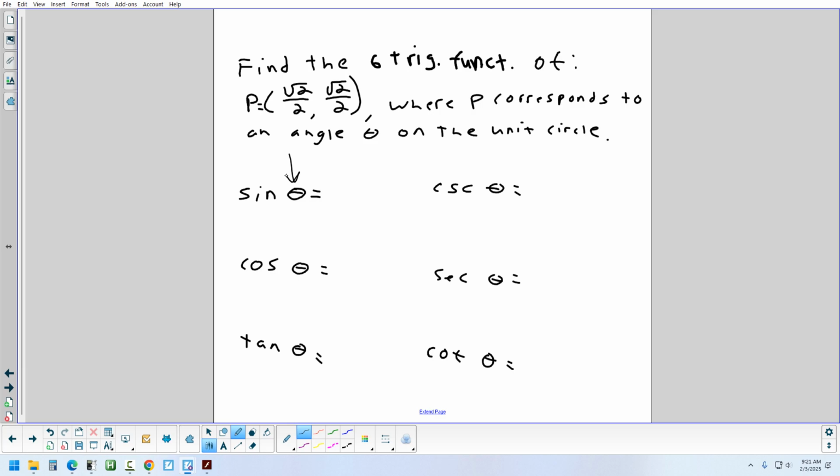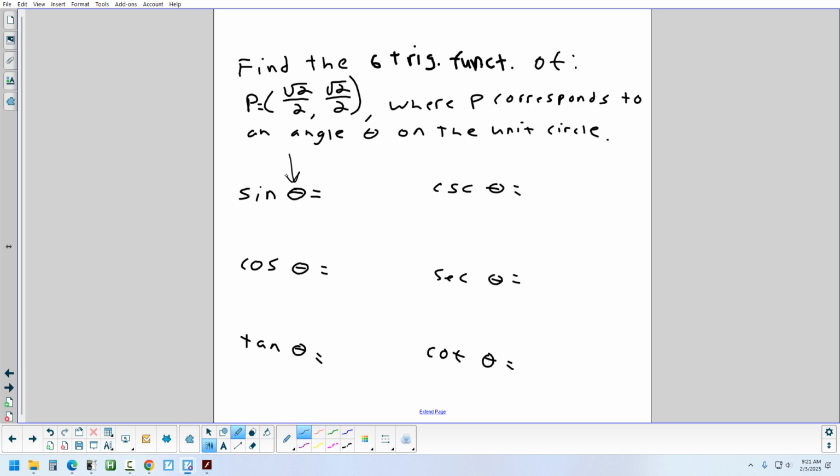No, it's going to be a number. What's the sine of my angle represented by that coordinate? Well, what's the definition of sine?